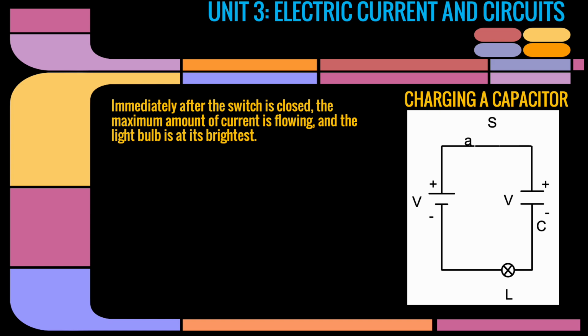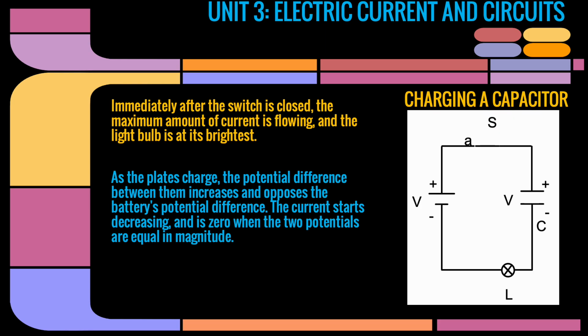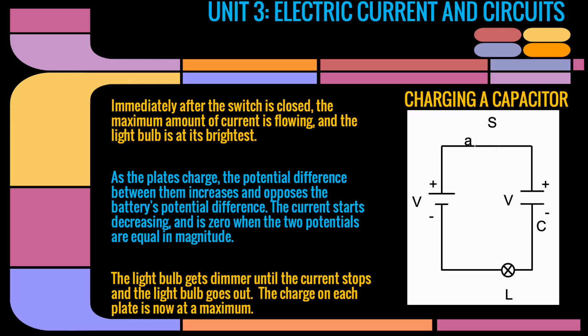So immediately after the switch is closed, the maximum amount of current is flowing, and the light bulb is at its brightest. As the plate charges, the potential difference between them increases and opposes the battery's potential difference, and the current starts decreasing and is zero when the two potentials are equal in magnitude. Remember, once the capacitor becomes full, it no longer lets charges pass through it. The light bulb gets dimmer until the current stops and the light bulb goes out. The charge on each plate is now at a maximum.